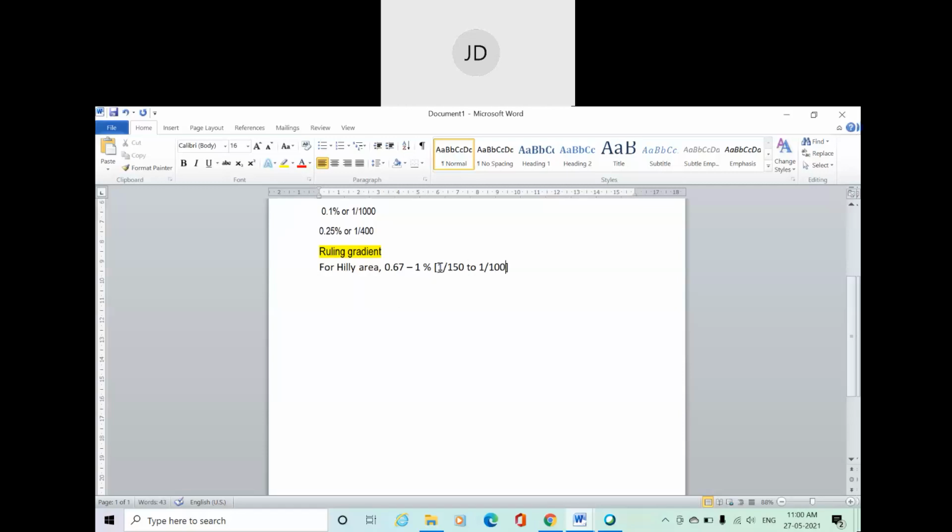For plain areas, the ruling gradient will be from 0.5 to 0.67 percent, so in plain areas a lesser gradient is required.